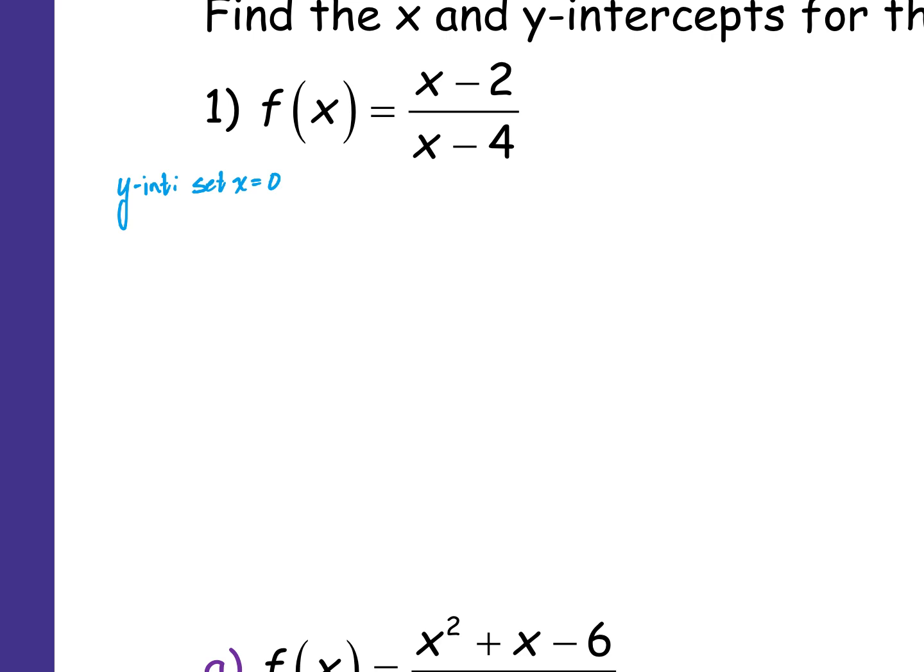So I'm going to get 0 minus 2 over 0 minus 4, which is negative 2 over negative 4, or 1/2. So my y-intercept, let's put it in here, should be 0, 1/2. That's it on that one.